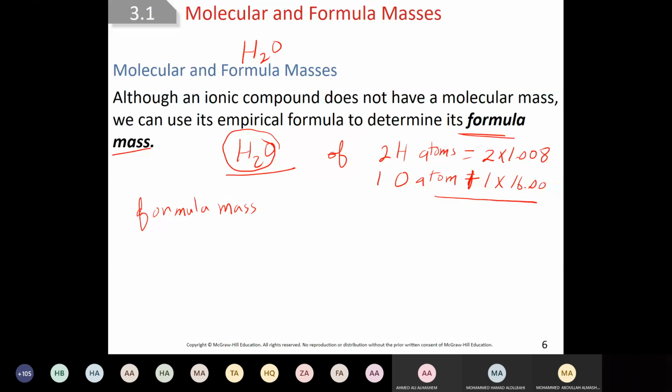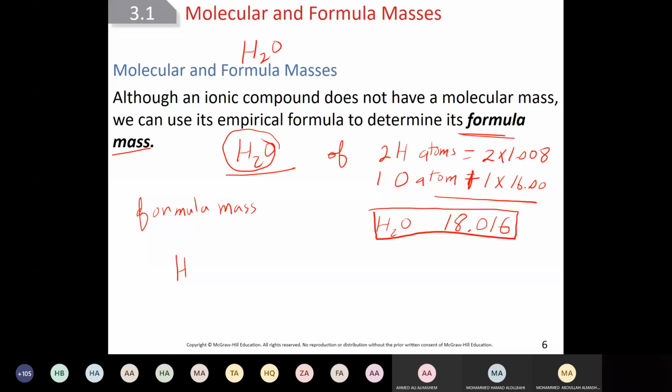The total mass, the formula mass of H2O, will be 18.016. Can you do it? All right. Okay, very good.